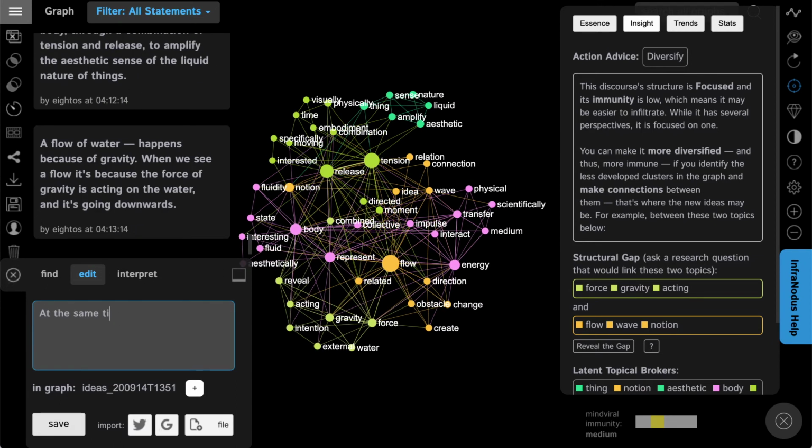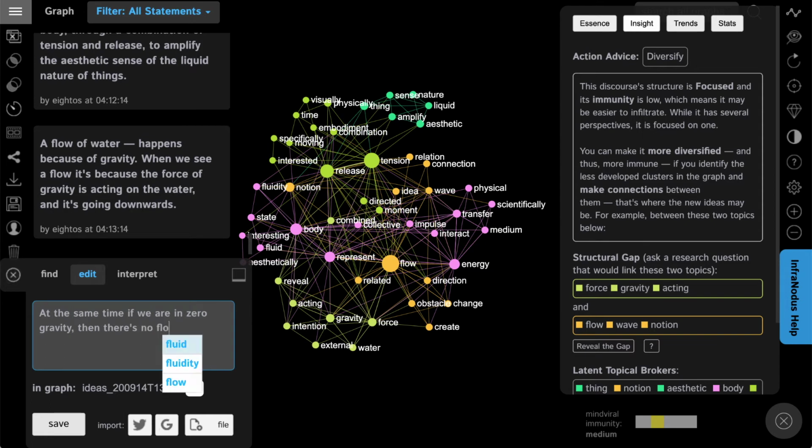At the same time, if we are in zero gravity, then there is no flow. So the only way to make water move is to give it an external impulse.